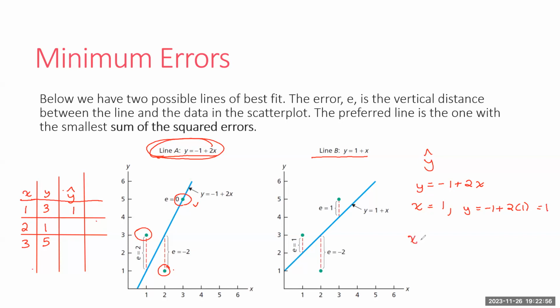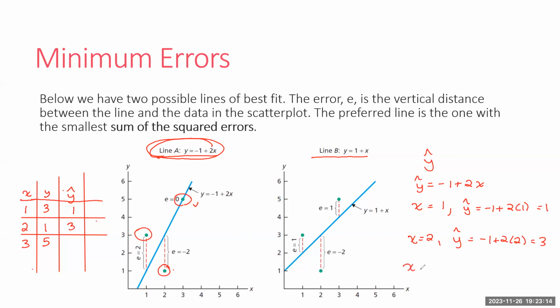If my x is 2 now, my estimated y hat is -1 plus 2 times 2, so we end up with 3 here.